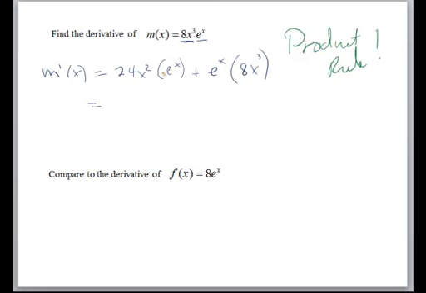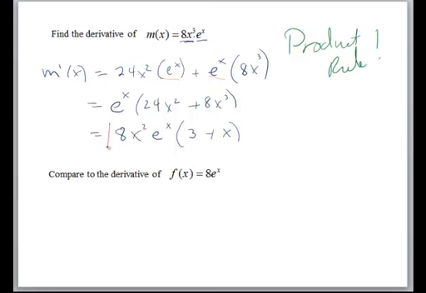If I just take out the e to the x, then I have e to the x times 24x squared plus 8x cubed. Now maybe you can see that I am left with an 8 and an x squared that can be taken out of these parentheses. So factoring out the 8x squared in addition to the e to the x, so now taking out the 8 here, we get 3 plus x.